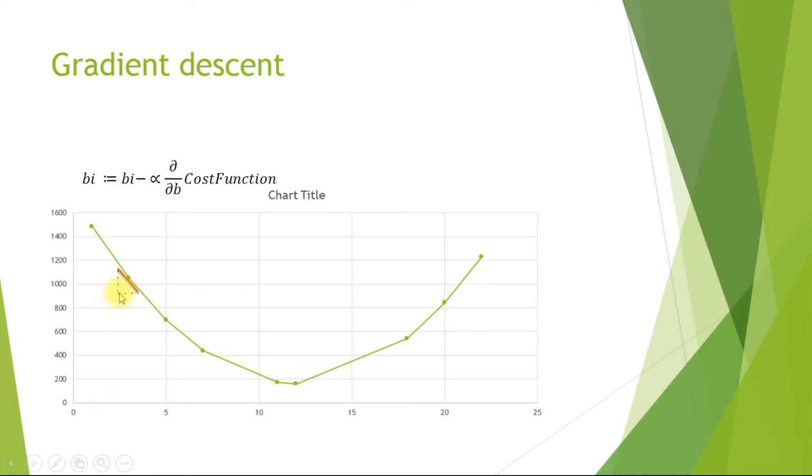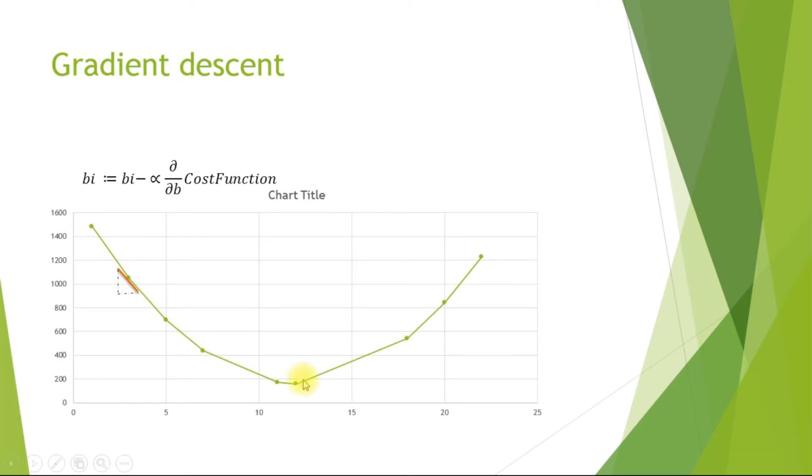Once we have found this learning rate, we reach this point out here. At this point, again we compute the entire cost function, find the slope, compute the learning rate, and move one more step equivalent to the learning rate towards the x-axis.